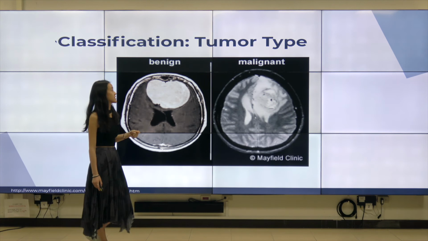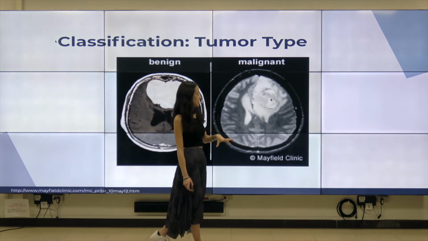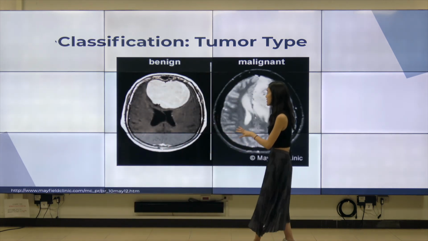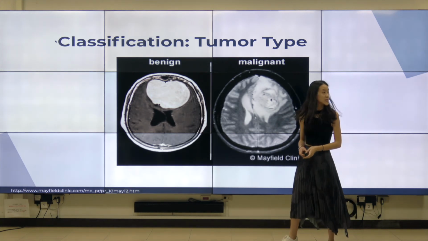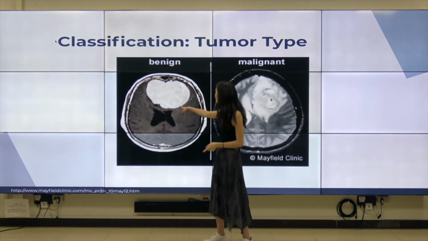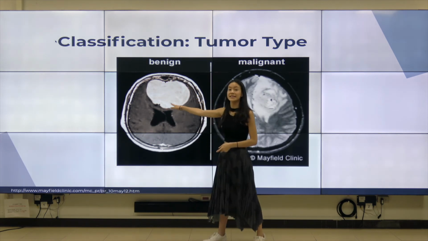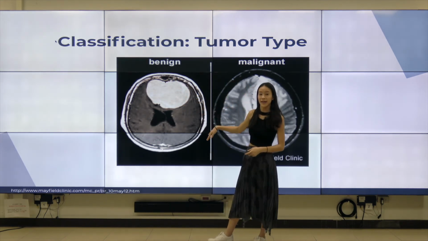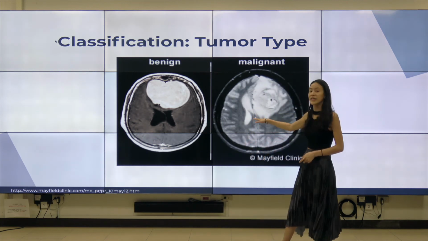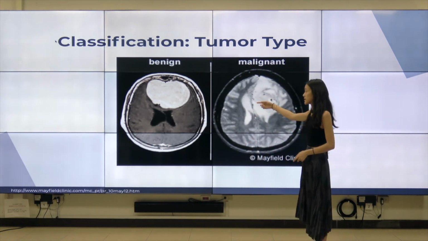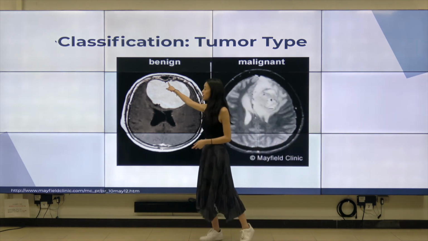Last but not least, we have classification, so tumor type. In this case, let's look at these two. This is what I talked about with the benign and the malignant tumors. As you can see here, this is a very smooth and distinctive kind of boundary. And in this case, immediately by looking at it, you can say, not a lot of kinks, not a lot of these little gaps that you see over here.